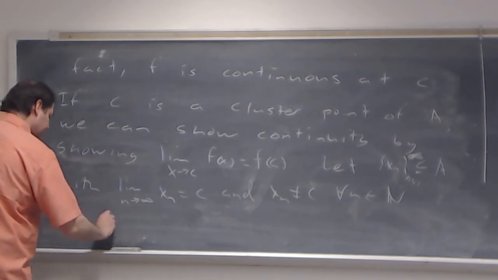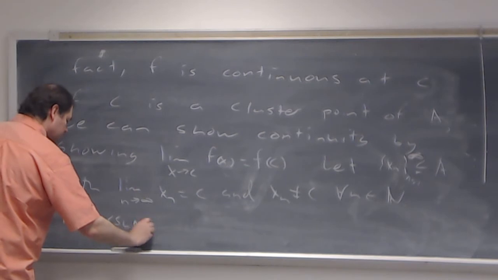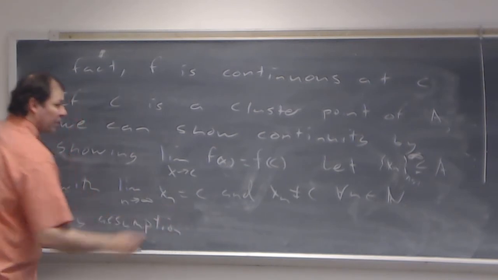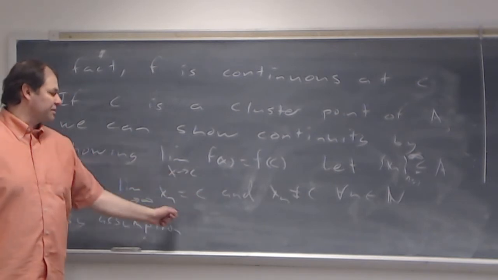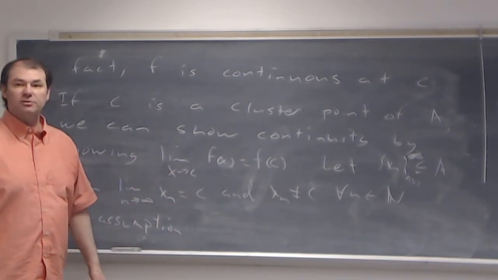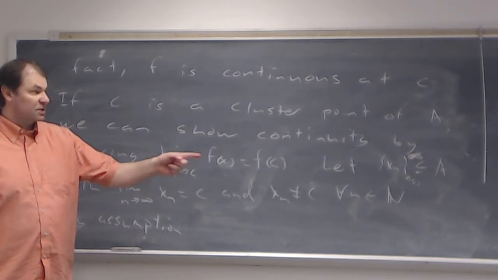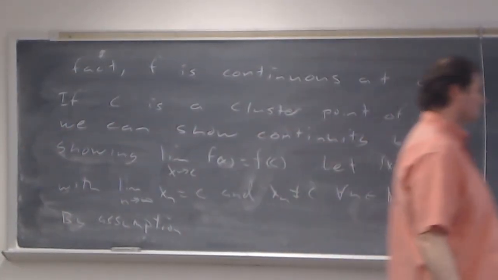By assumption of this part of the theorem, we're assuming that anytime you give me a sequence in A that converges to c, f of that sequence converges to f of c.